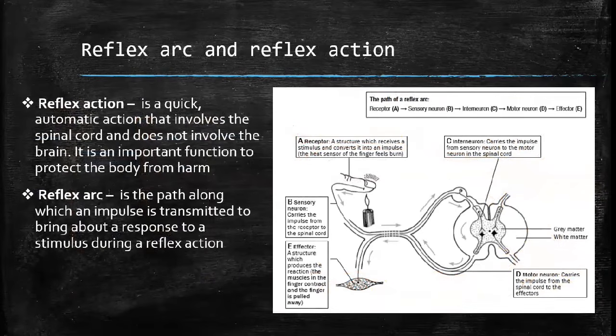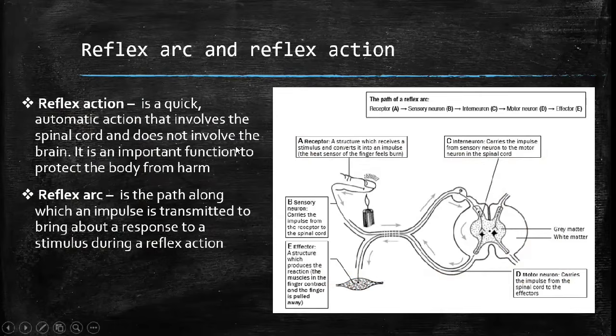And then we are going to look at the reflex arc and the reflex action. Now, what is the difference between the reflex action and the reflex arc? The reflex action is a quick, automatic, or involuntary action that involves the spinal cord and does not involve the brain.